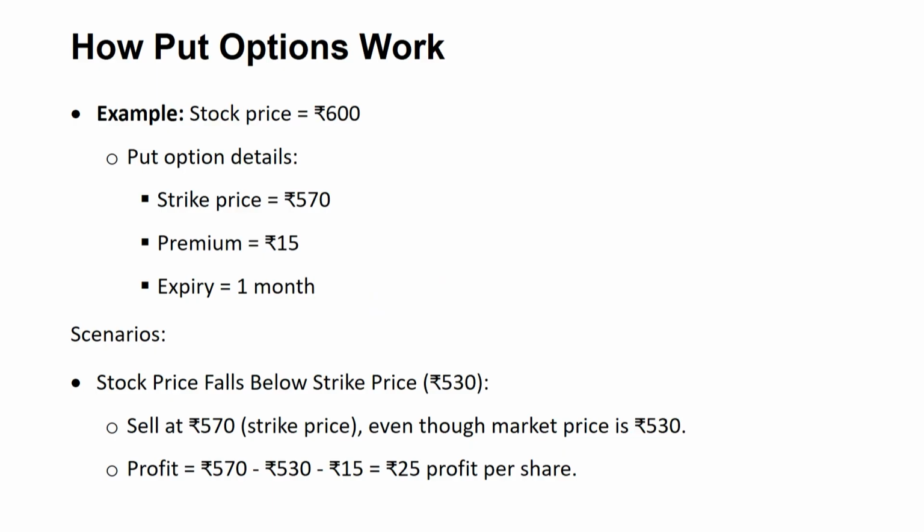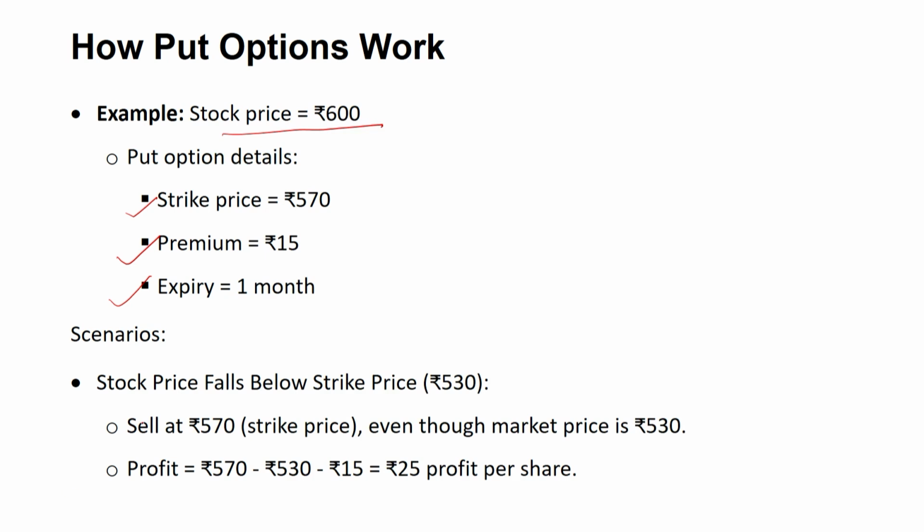For example, let us understand, suppose the stock price in the market of a stock is 600 and the various other details are that the strike price under the contract is 570, the premium that you need to pay is 15 rupees, and the expiry is a 1 month period.